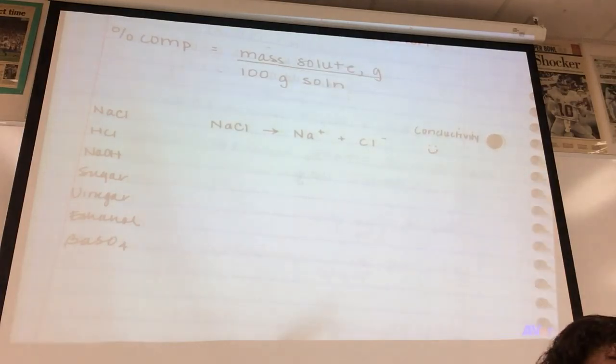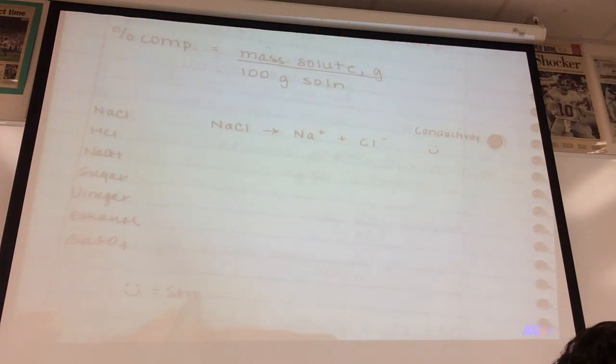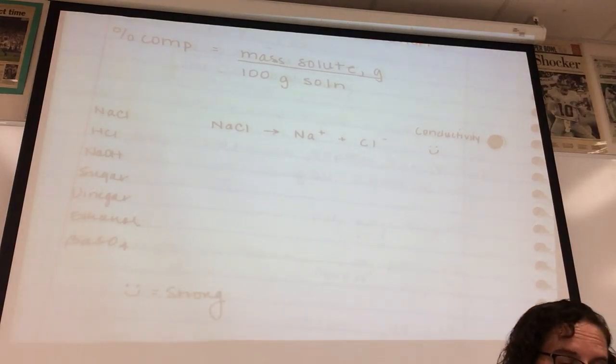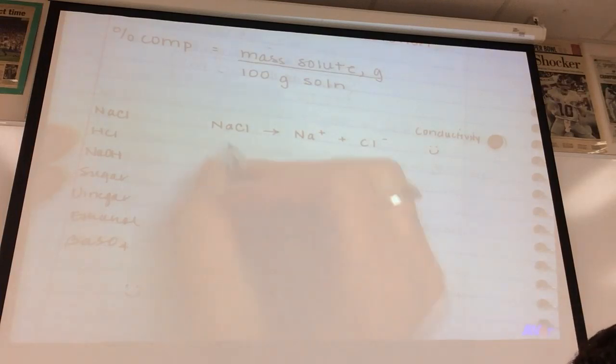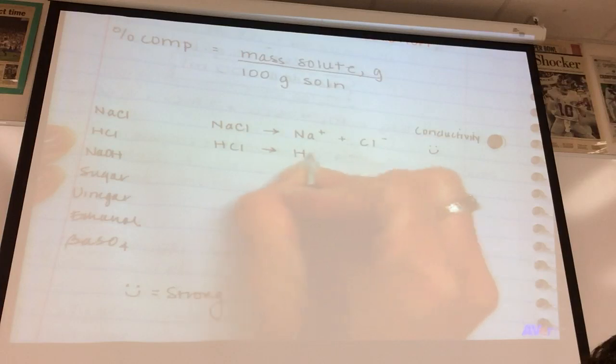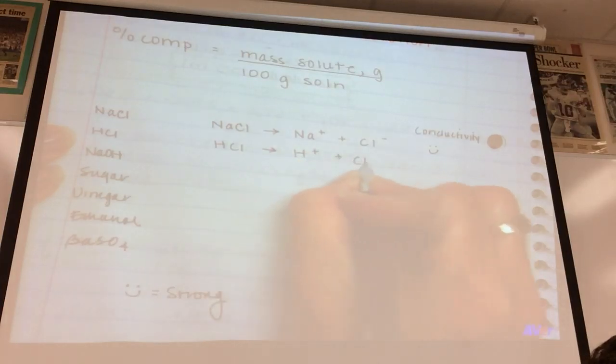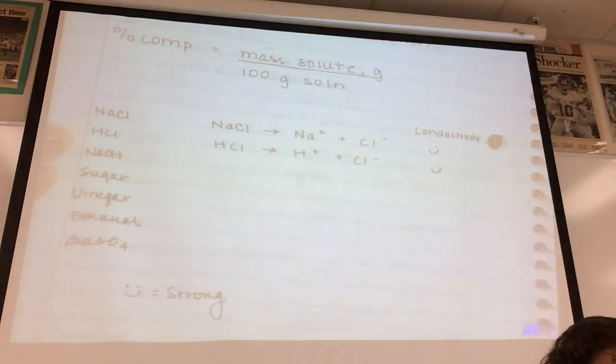We'll give it a smiley. And so that would be a strong electrolyte. Hydrochloric acid, that's a strong acid. It ionizes completely. Strong electrolyte, good conductor of electricity.